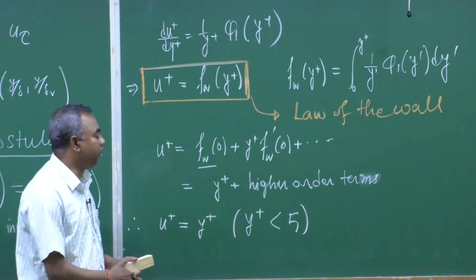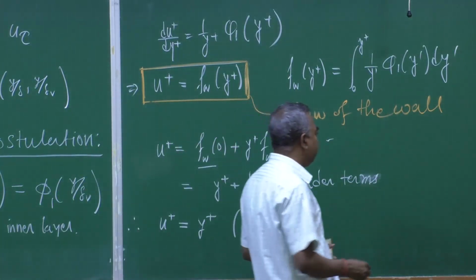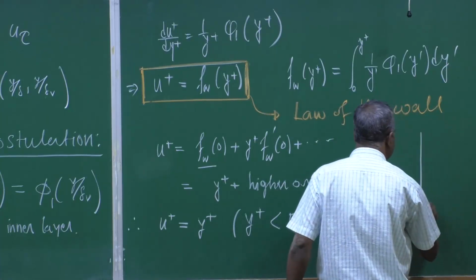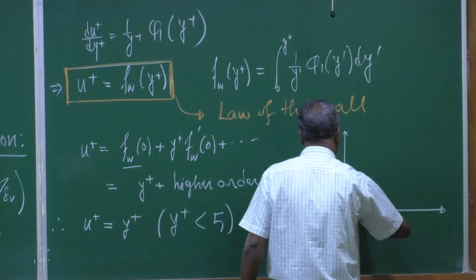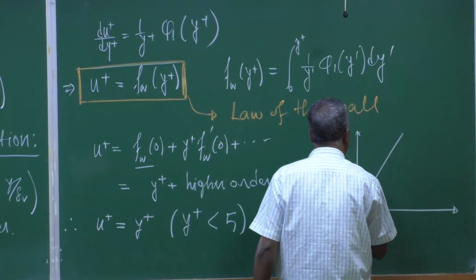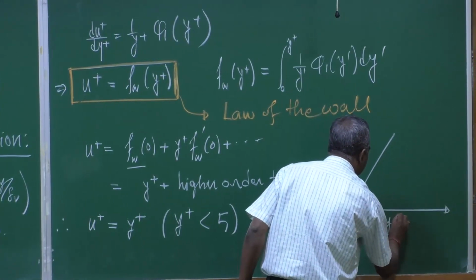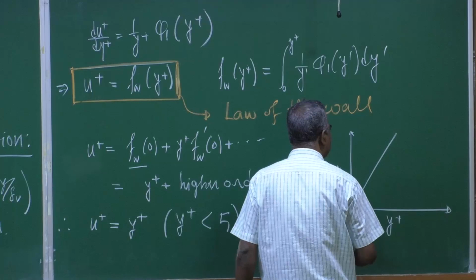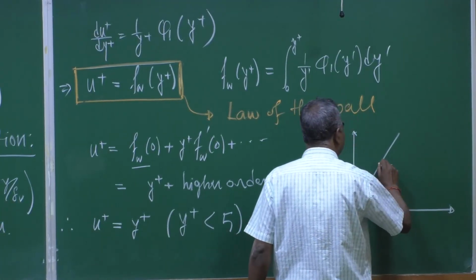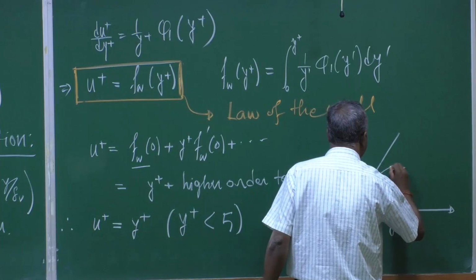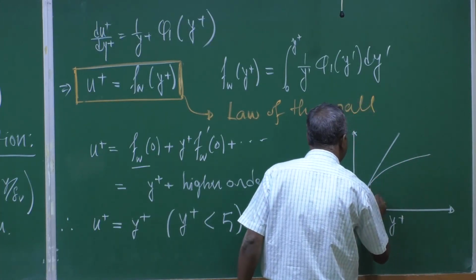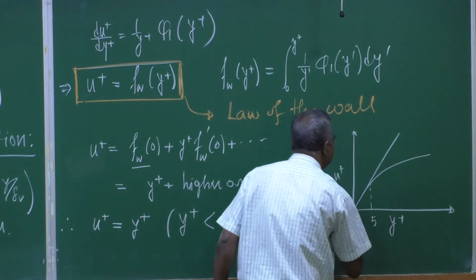So, if we plot this, this is your y plus, this is your u plus. This is u plus equal to y plus, and the actual data will deviate after y plus equal to 5.